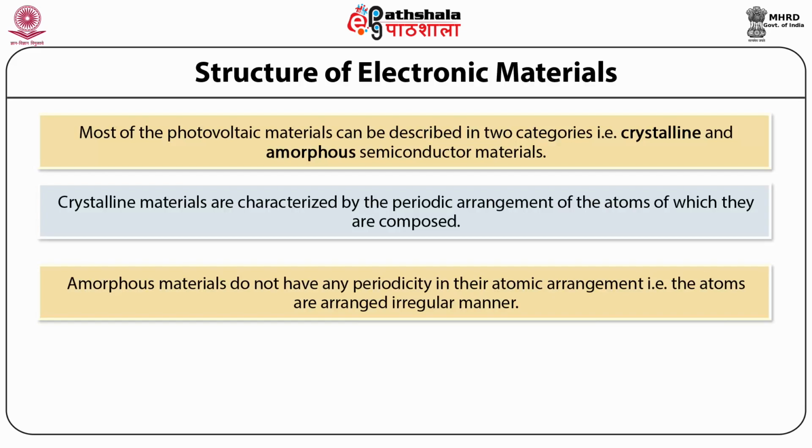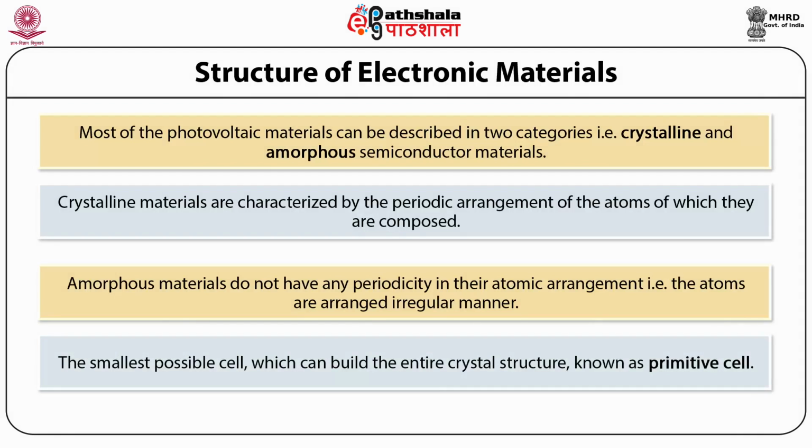In crystalline materials, the periodic arrangement of atoms can build the entire crystal structure by repeatedly stacking a small subsection in an ordered manner. The smallest possible such section which can build the entire crystal structure is known as the primitive cell.